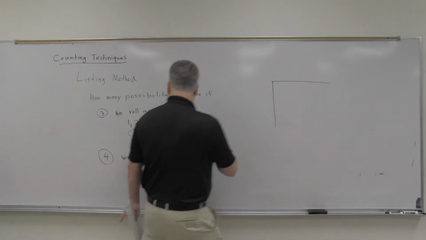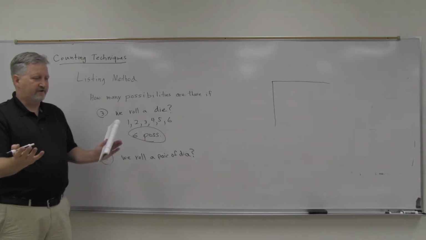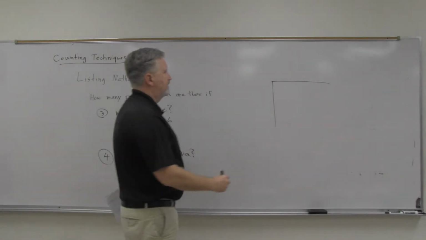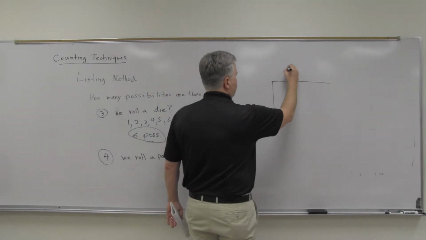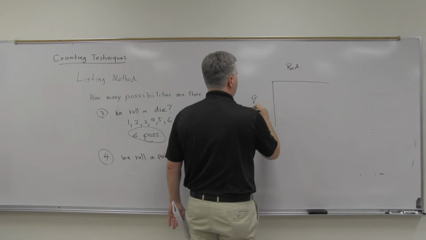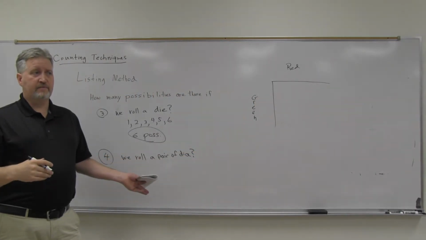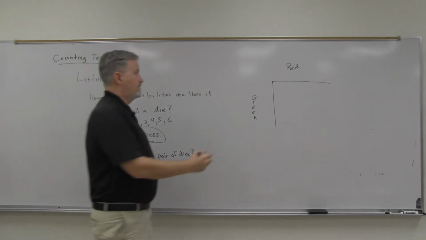So let's say we've got, again, make a distinction between the dice, whatever colors you want to make them, red and green. Each one, the red one and the green one, has 6 possibilities, right? 1 through 6.